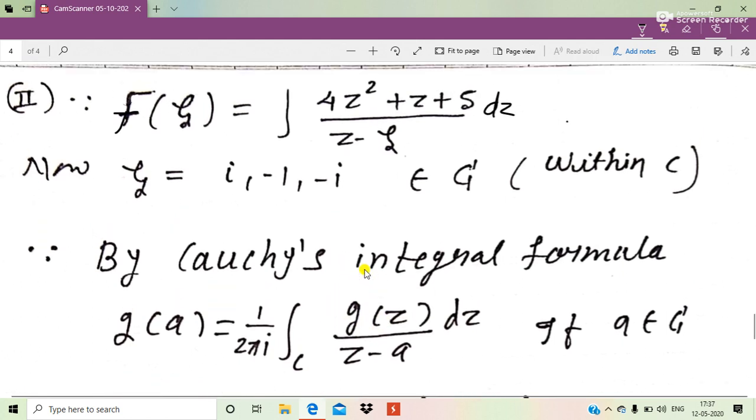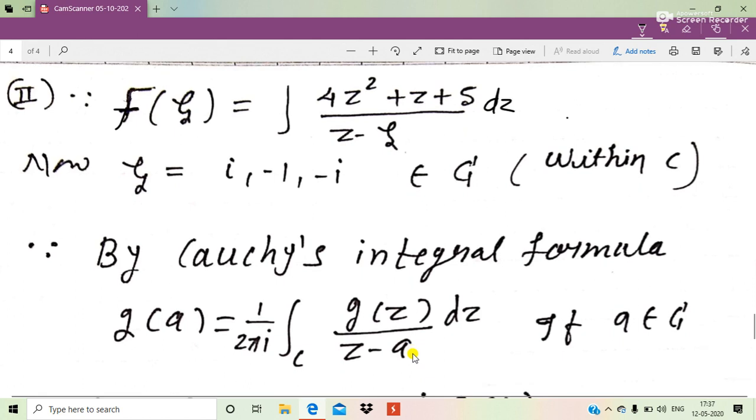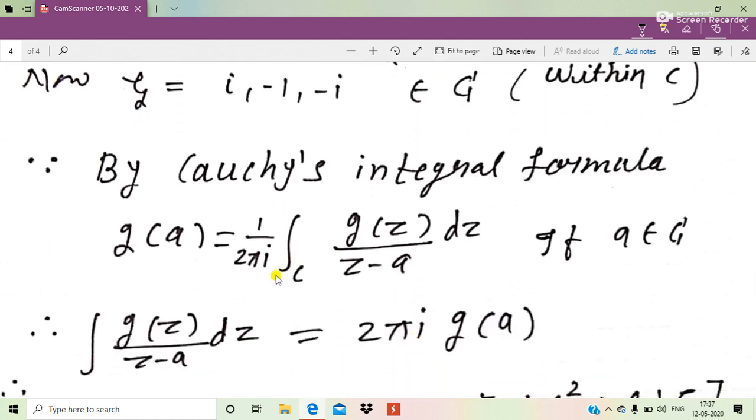So in this question the value of g of z will be 4z square plus z plus 5. So to evaluate the integration of g of z upon (z minus a) dz, the value of this integral will be 2 pi i into g of a.